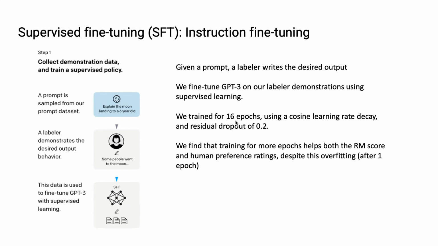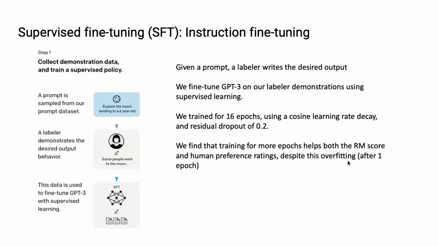And then they train for 16 epochs, meaning that they see the datasets 16 times. And usually this will lead to overfitting. So people usually report that after 1 epoch, the model is overfitted to that dataset. But according to their findings, training for more epochs can help both the reward modeling later and the human preference ratings.